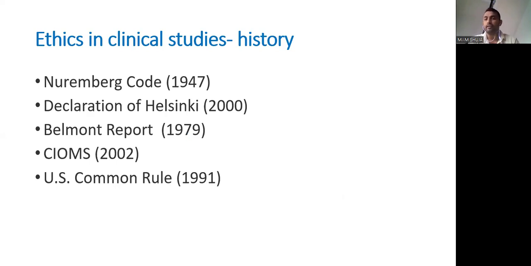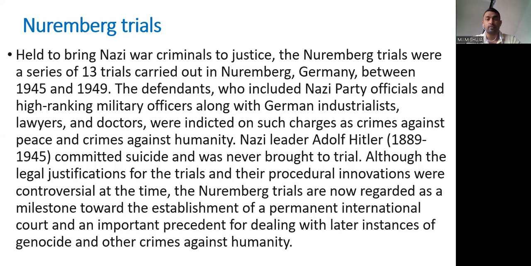And we'll go through a few ethics in clinical studies. In history, there are the Nuremberg Code, Declaration of Helsinki, Belmont Report, and a few other things. What is the Nuremberg Code? We'll go back to the Second World War. At the end of the Second World War, the Allies won the war against the Nazis.